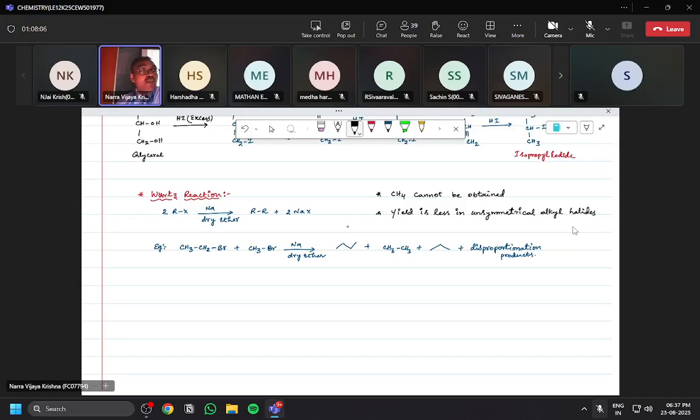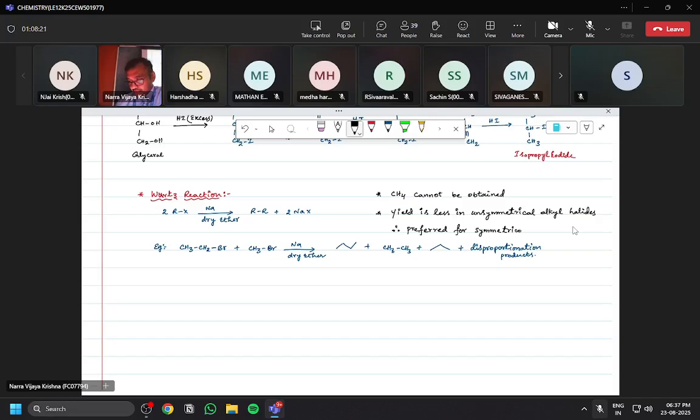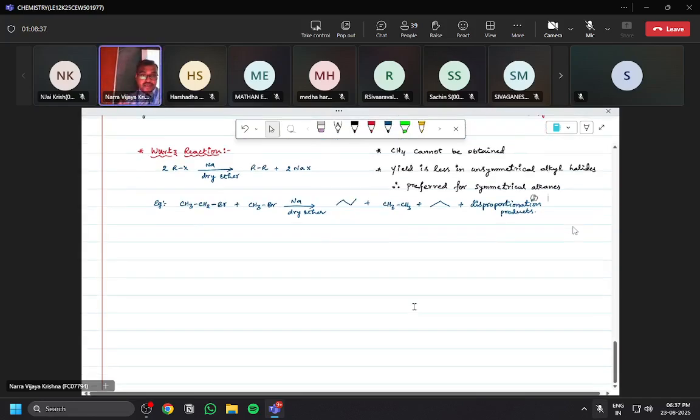Therefore, Wurtz reaction is preferred for preparing symmetrical alkanes. Will you understand, sir? It is preferred to prepare symmetrical alkanes. Clear? So I am not discussing further.